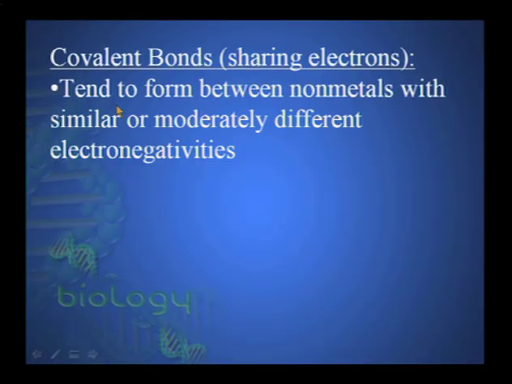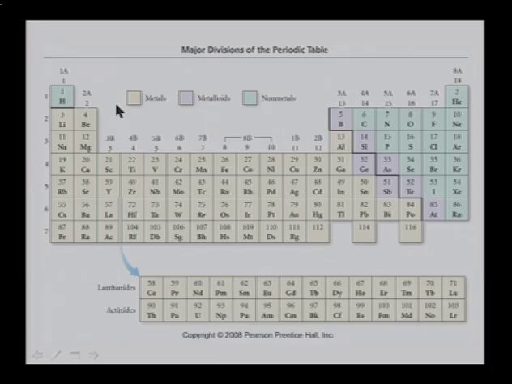Okay, so looking at characteristics of covalent bonds then, they tend to form between nonmetals with similar or moderately different electronegativities, and I'll be getting back to that in a few minutes. And so again, they tend to form between nonmetals, and hydrogen is typically included as a nonmetal.